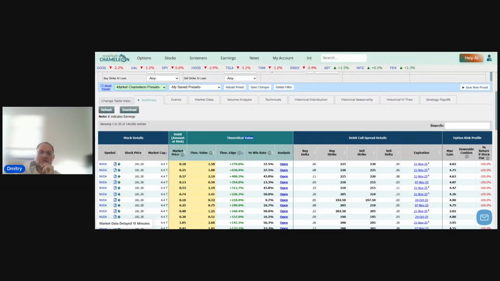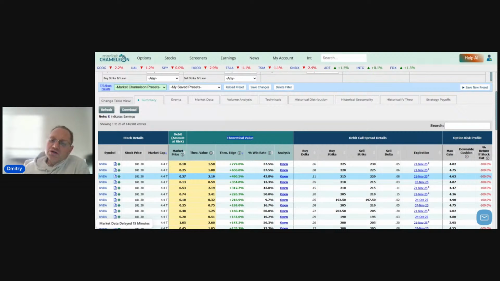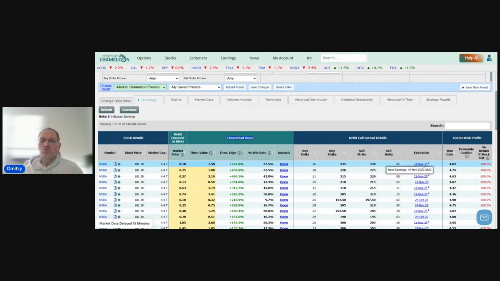This first one, theoretical value, is saying, well, if we look at this call spread and we look at our history of similar situations in NVIDIA, where the expirations have so many days till these options expire, the strikes are similarly distance away, and the situation in this case is there's an earnings.